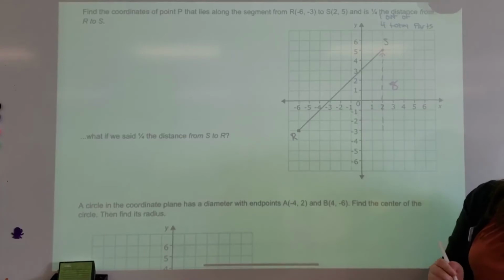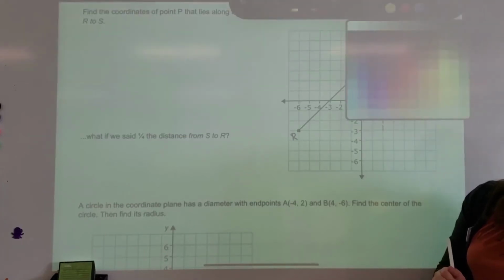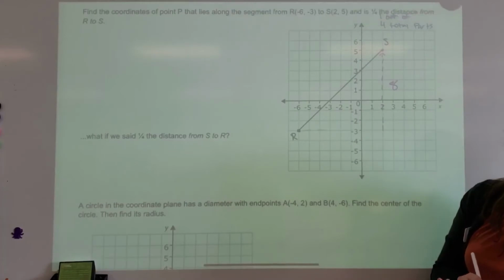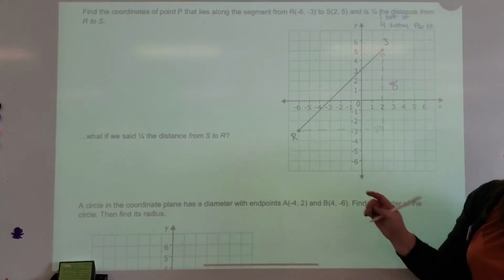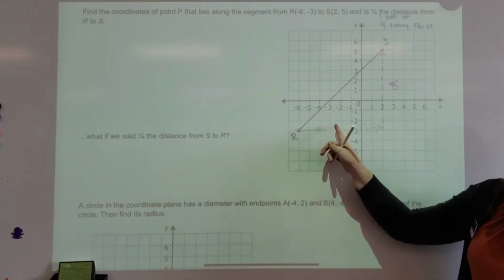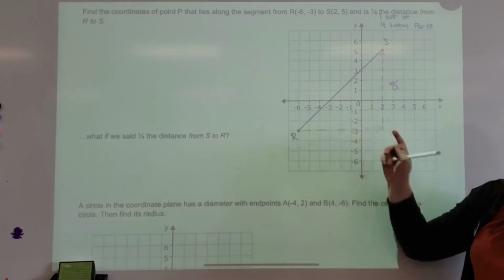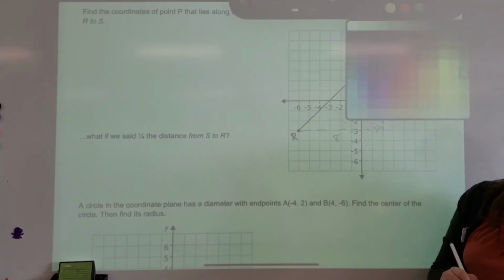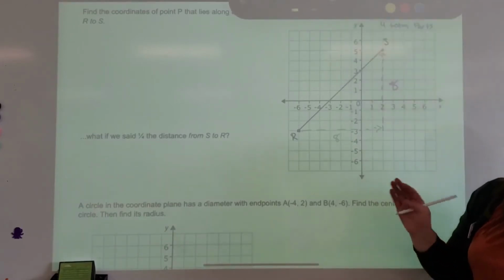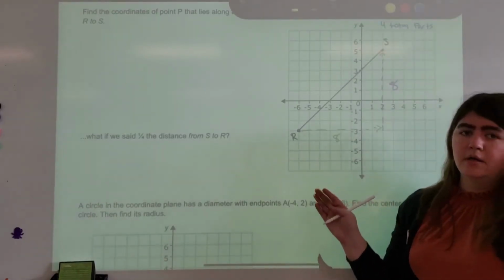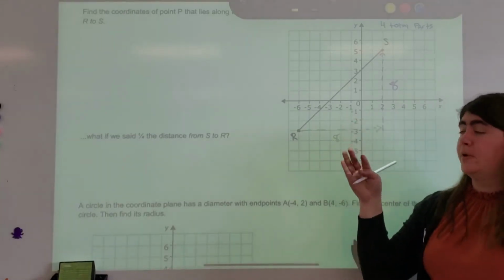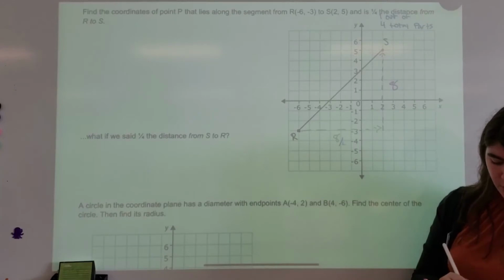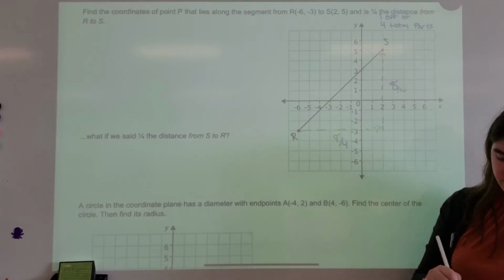Traveled 8, and now I want my horizontal distance, and I travel this way, and I traveled 1, 2, 3, 4, 5, 6, 7, 8 that way as well. And both of these are going to be split by the number of sections that I want. And remember, it's 1 out of 4 total parts, so I want 4 sections.